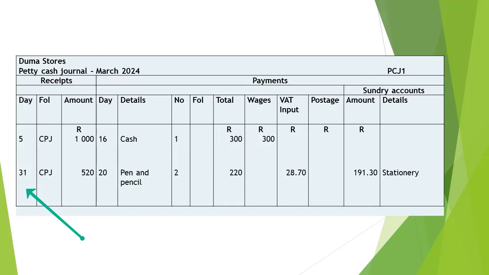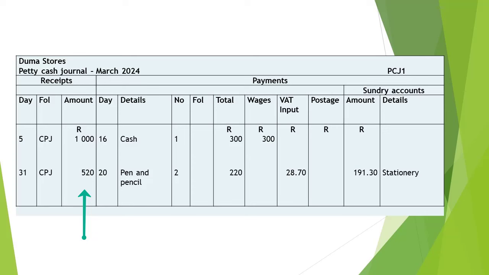On the receipt side of the petty cash journal, we will write the day as the 31st. We will indicate in the folio column that the money came from the cash payments journal because it was withdrawn from the bank account. Therefore, CPJ. In the cash payments journal, you will see an entry for 520 Rand where the money was recorded as being withdrawn from the bank account. The amount will be written in as 520 Rand.